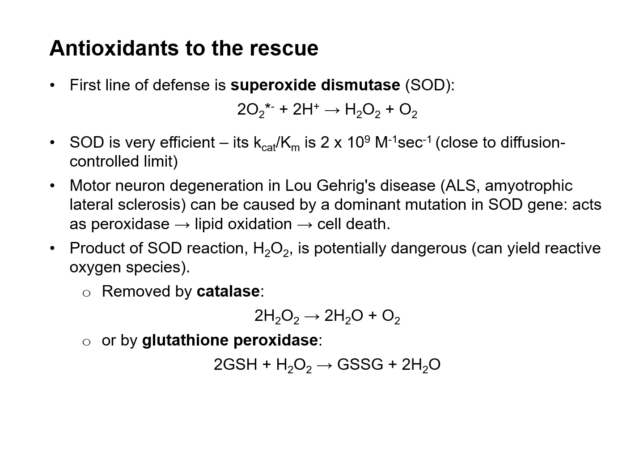The product of the SOD reaction, hydrogen peroxide, is also potentially dangerous because it can yield reactive oxygen species too. So hydrogen peroxide can also be removed by catalase, which catalyzes this reaction to get water out of hydrogen peroxide, and also by glutathione peroxidase in this reaction.